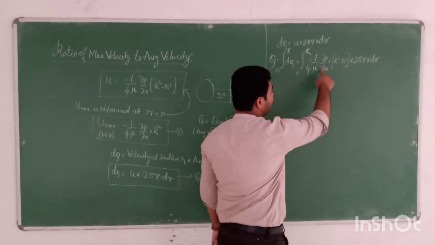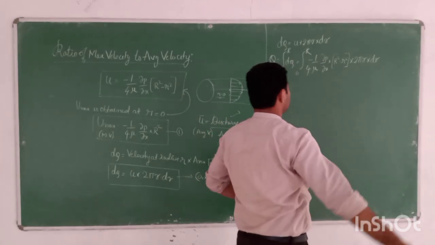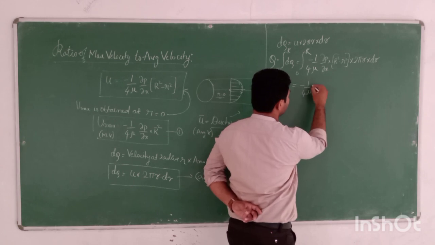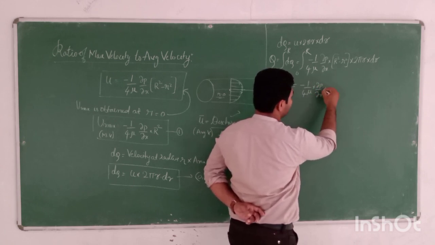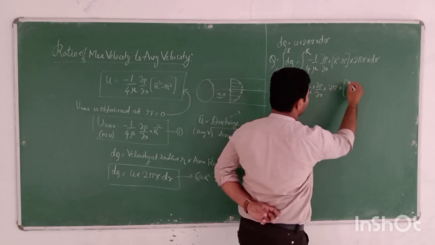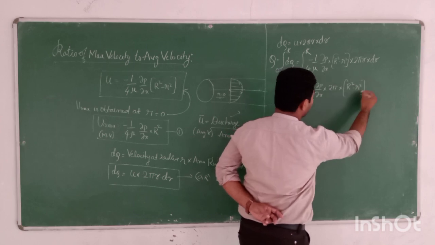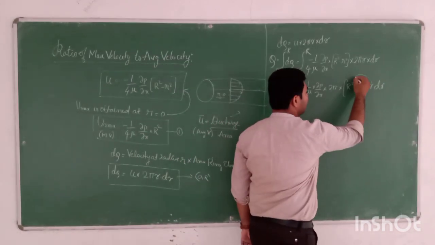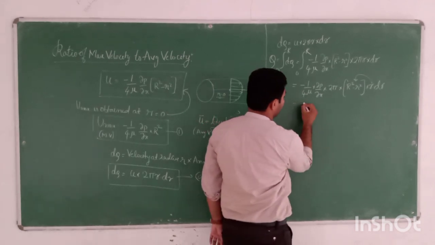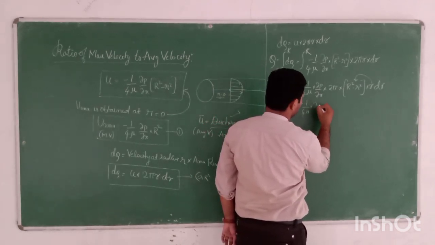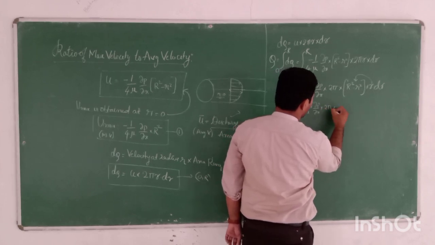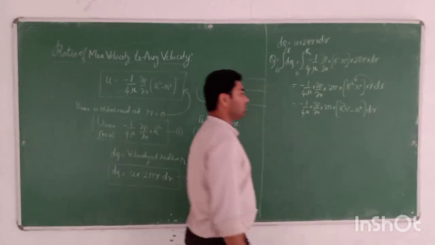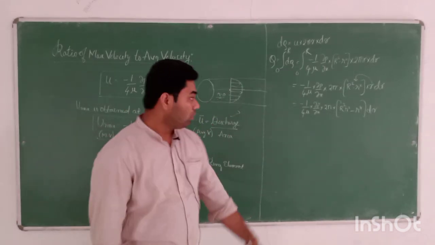Minus 1 by 4 mu delta p by delta x are all constants, so let us take the constants to one side: minus 1 by 4 mu into delta p by delta x into 2 pi into the integral of (capital R square minus small r square) into r dr. Now multiply this small r into the bracket. We get minus 1 by 4 mu into delta p by delta x into 2 pi into the integral of (capital R square r minus r to the power 4... r cubed) dr. Now let us integrate.